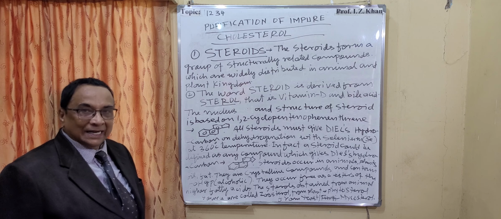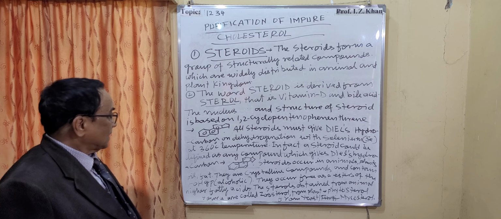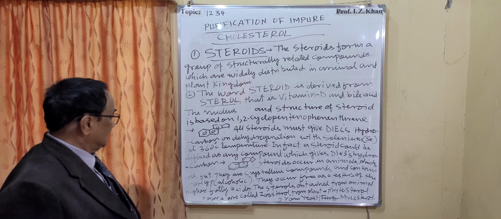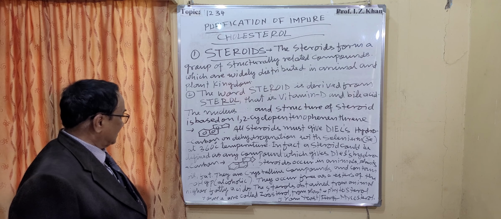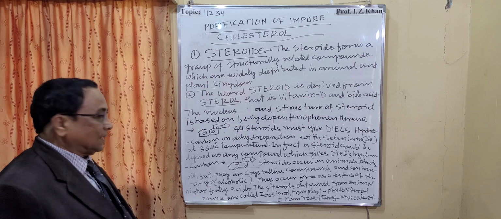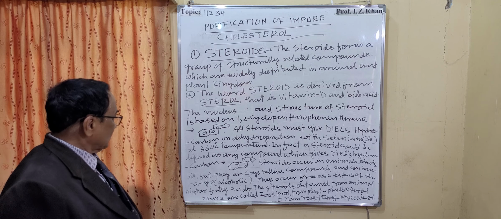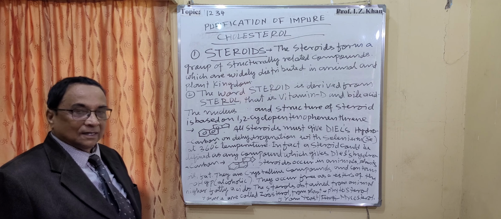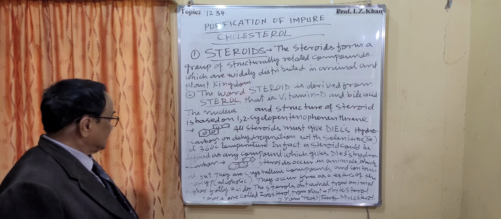Steroids occur in animals, plants, fat and oil, and they are crystalline compounds and contain an alcoholic group. They occur free or as esters of higher fatty acids.